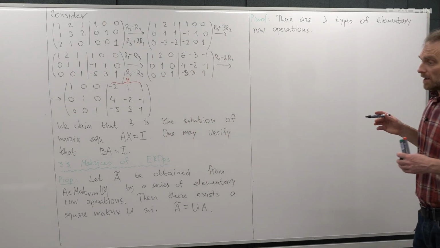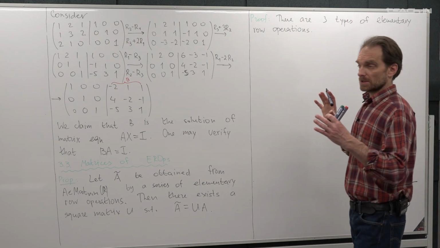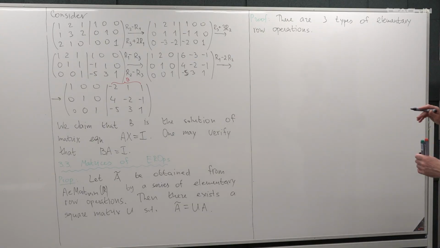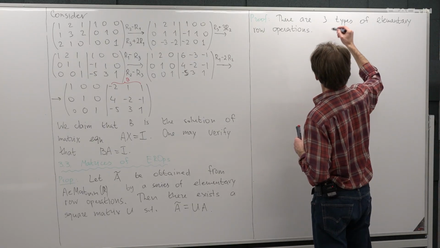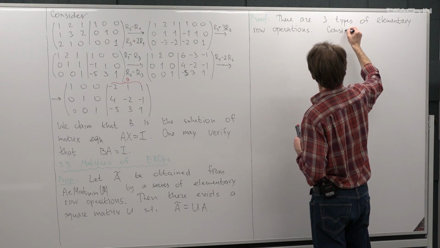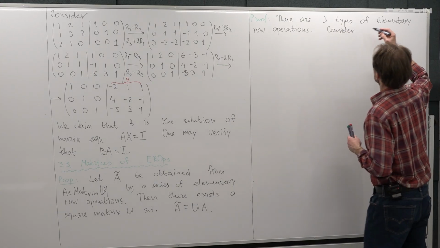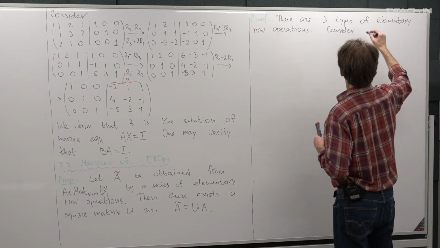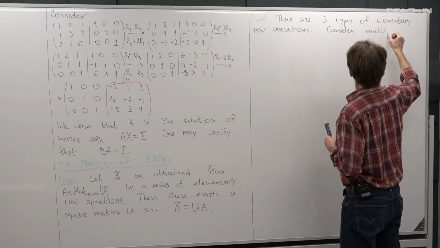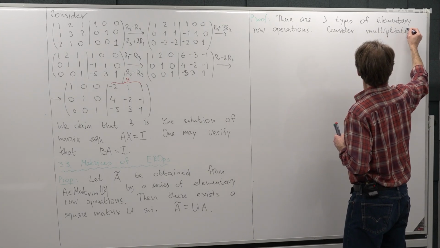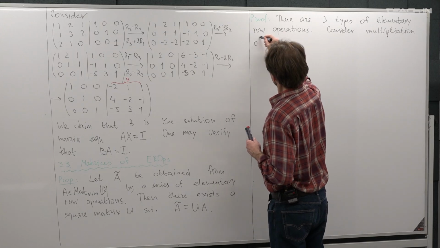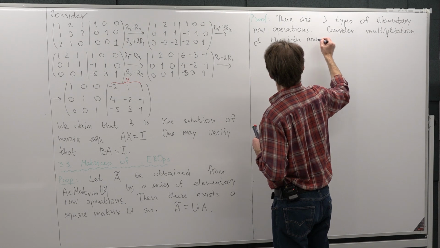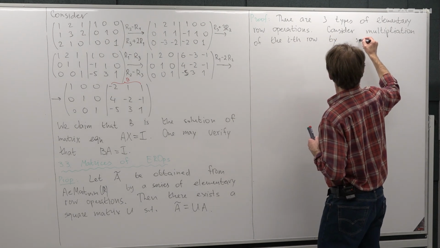So in fact, this corresponds to multiplication of our matrix by some particular matrix from the left. So consider multiplication of the ith row by some real number.